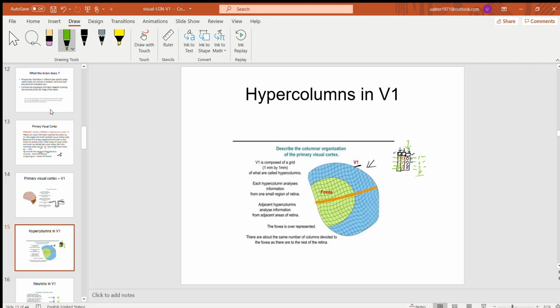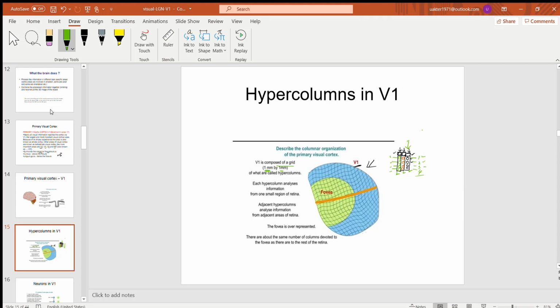Each hypercolumn is about a 1 millimeter by 1 millimeter grid, and within each hypercolumn you have a few things. One is ocular dominance, and also the information of all different directions.